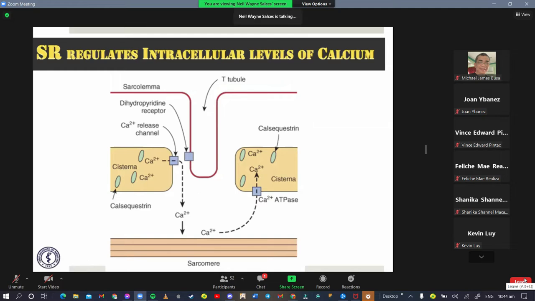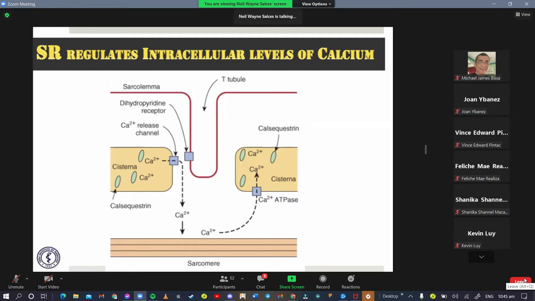So you know that the T-tubule extends inward from the sarcolemma. So when there is a wave of depolarization that is initiated by a nerve impulse, it is then transmitted from the sarcolemma down to the T-tubule. So this is conveyed to the calcium release channel, or your RYR channel, perhaps by the interaction between it and the dihydropyridine receptor, which is your slow calcium voltage gated channel.